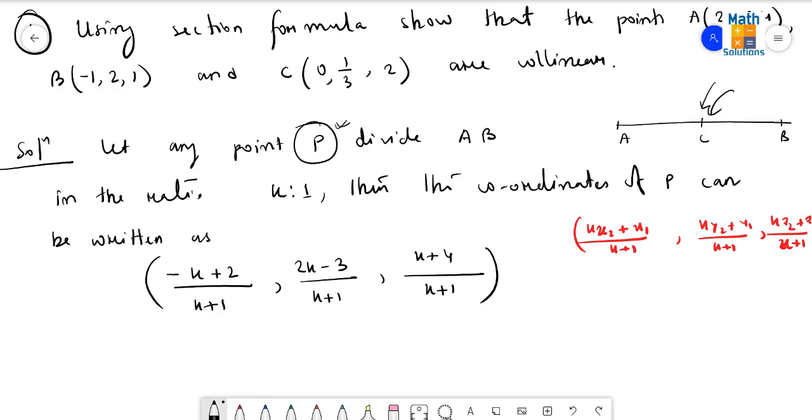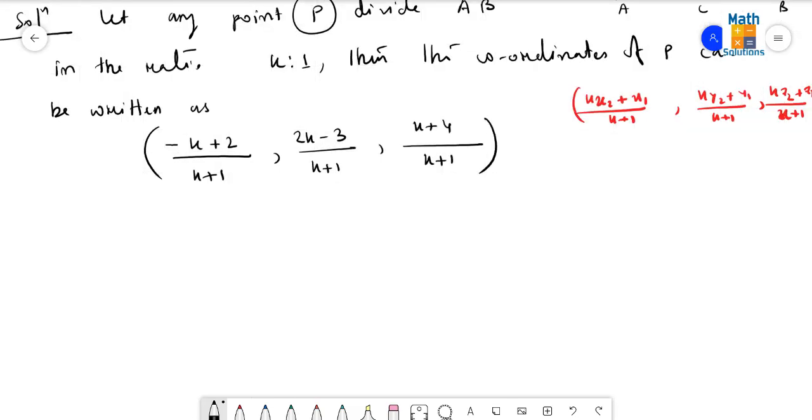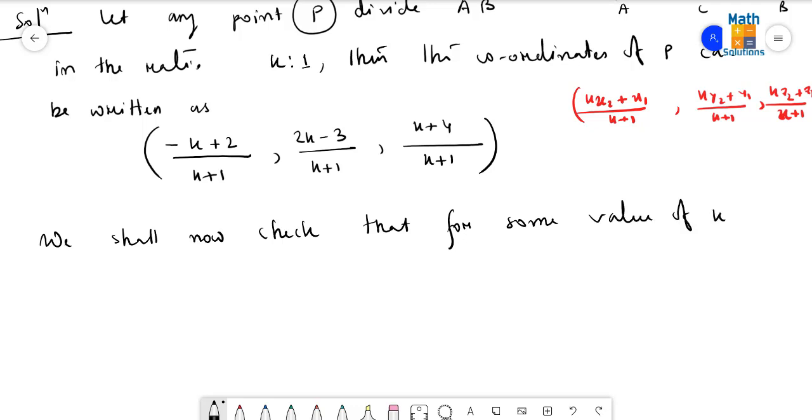So these are the coordinates for the point P. After that, we shall now check that for some value of k, the point P coincides with C.